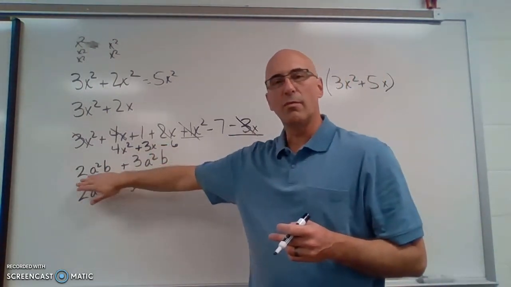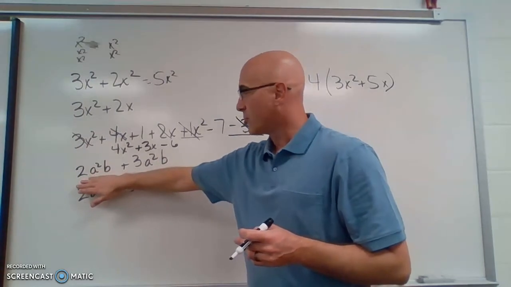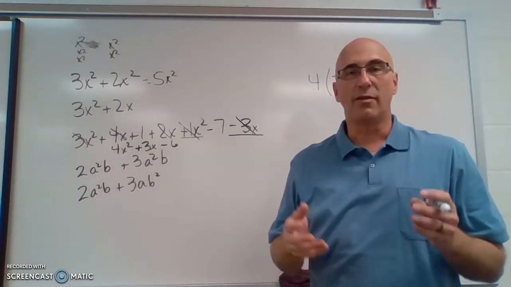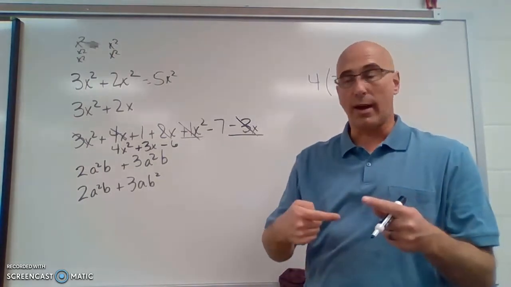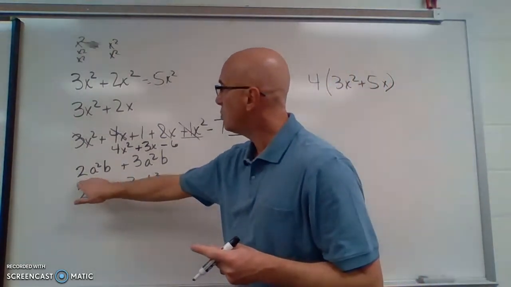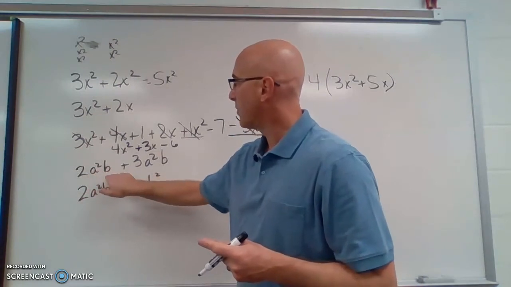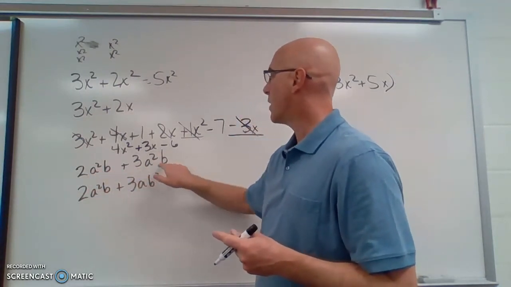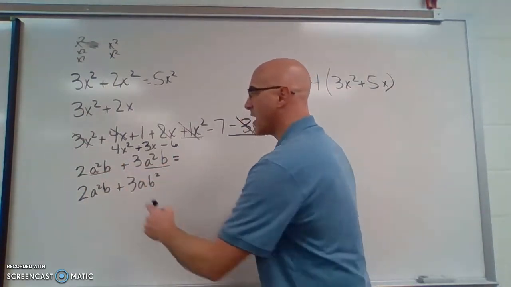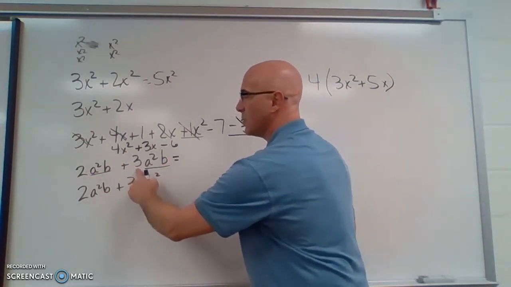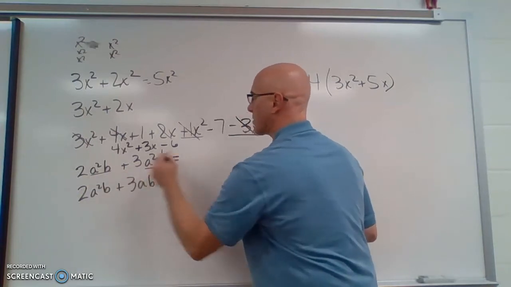We can also use variables or terms that have more than one variable. As long as the variables are exactly the same, we can combine. So in this case, 2a squared b plus 3a squared b, since the variable part of it is exactly the same, we can do this to the coefficient, 2 plus 3.